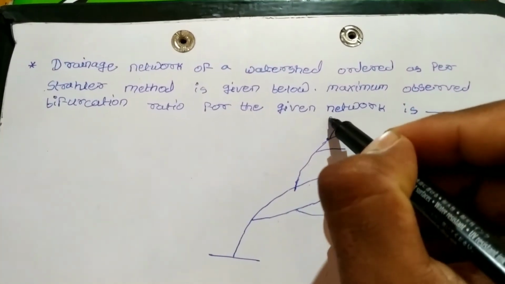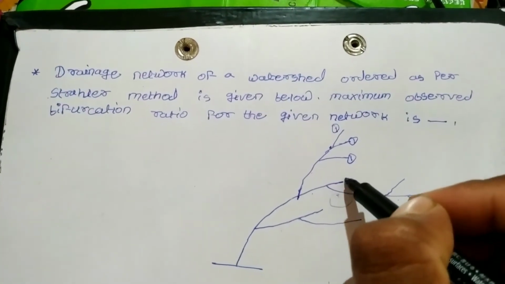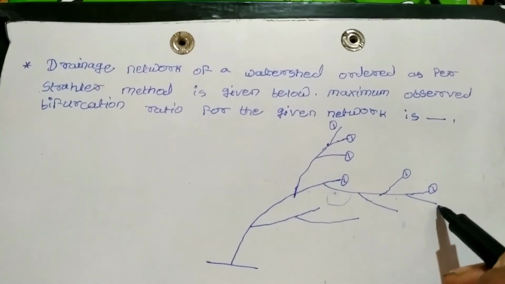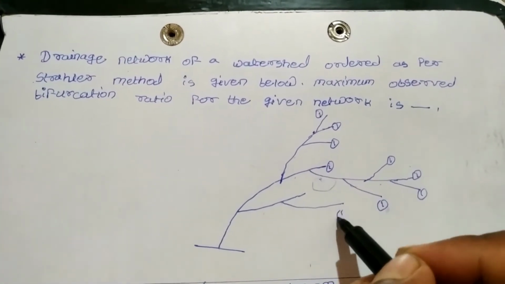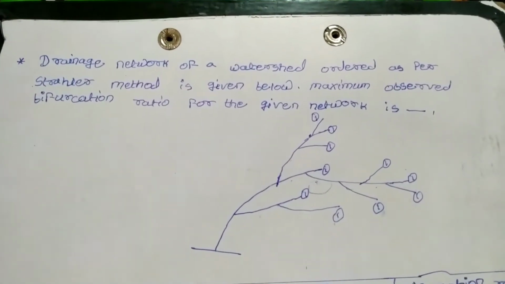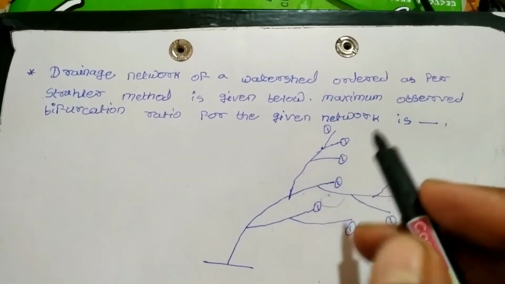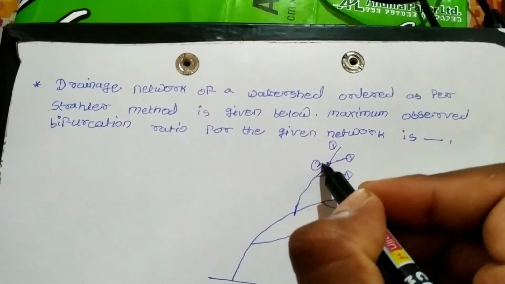This is 1, this is 1, this is 1, this is 1, this is 1, and this is also 1. Then this one and this one streams meet at this point, so it will be second order.